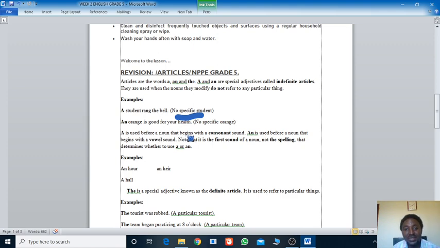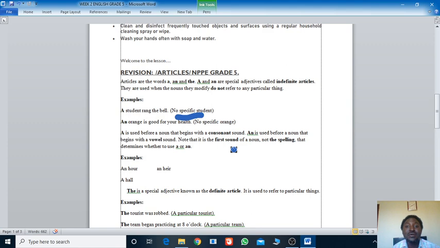Then an is used before a noun that begins with a vowel sound. Note that it is the first sound of a noun, not the spelling. Some words might begin with a vowel in spelling but begin with a consonant sound, or the other way round. For instance, the word hour.